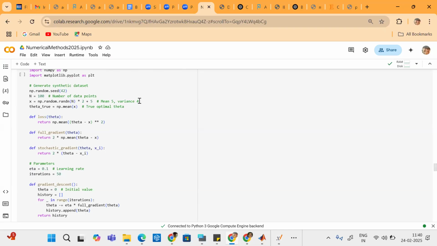Stochastic gradient descent is much faster than gradient descent. The number of iterations is 50. And here is the gradient descent example, whatever you have learned so far. You can see minus eta times the gradient.